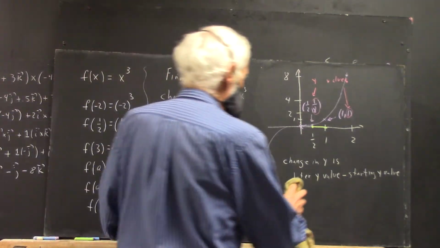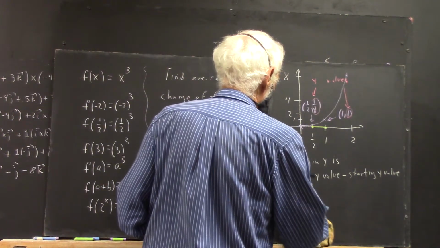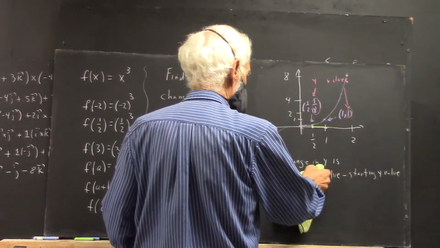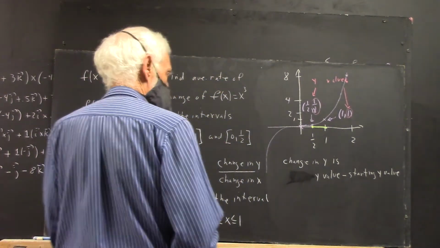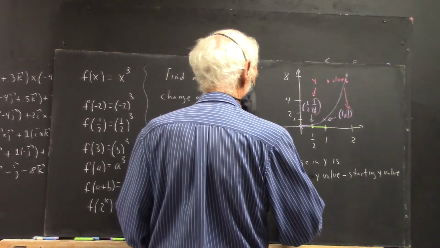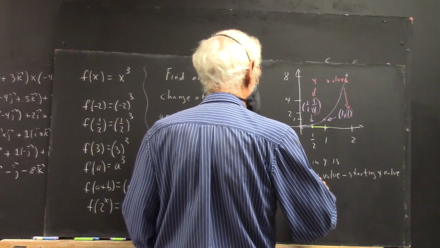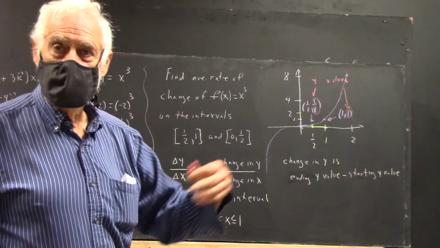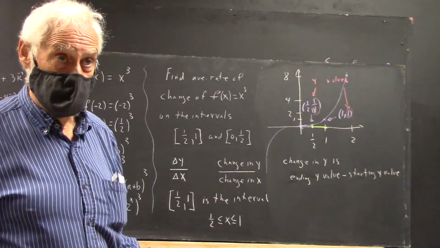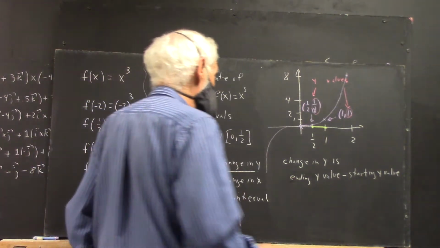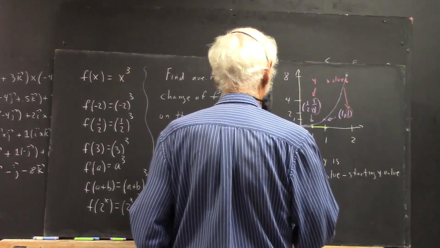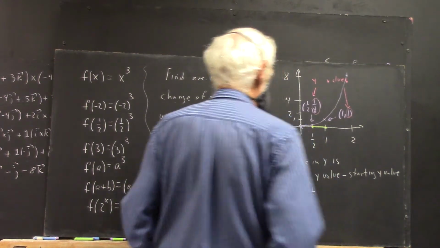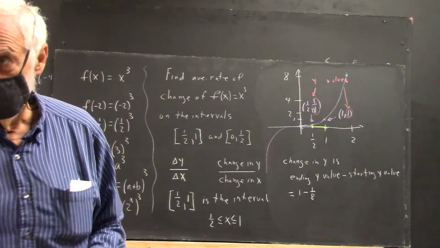Probably would have been better if I used ending. This ending and starting. Let's contrast that. Okay, so ending y value minus the starting y value, or the later y value minus the earlier y value. Okay? That's 1 minus 1/8.